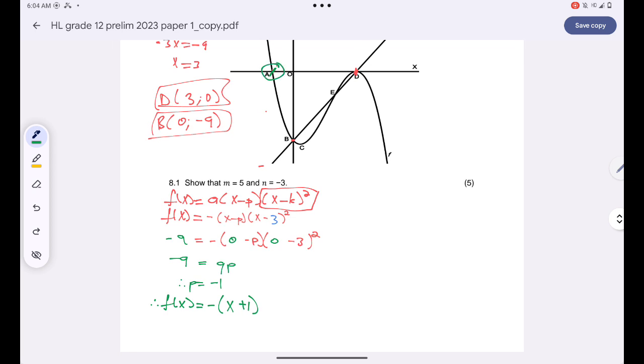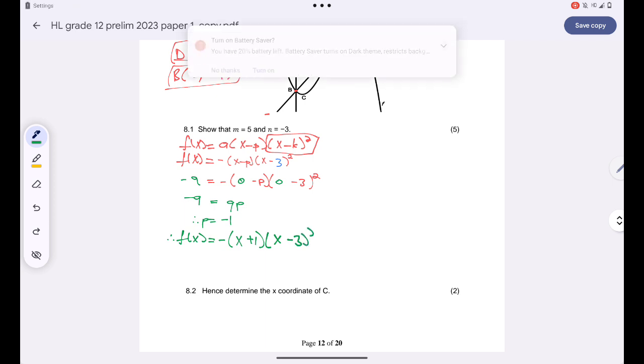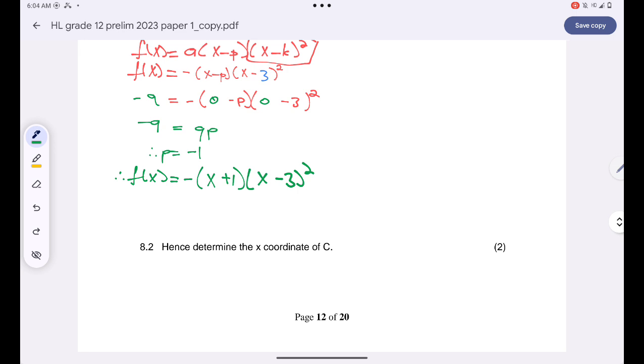Because we had -1 as one of our roots, and the other one is just (x minus 3) all squared. All I have to do, guys, is to make sure that I remove these brackets. I'll end up having (-x plus 1) and then (x squared minus 6x plus 9).